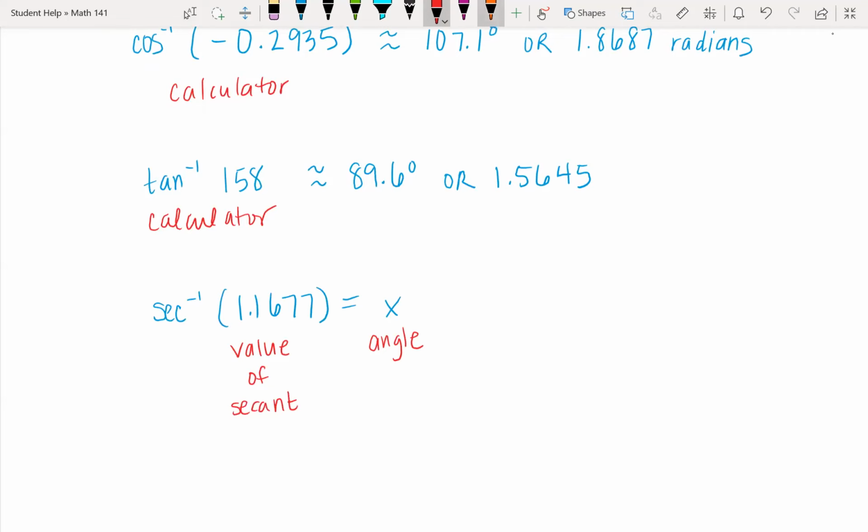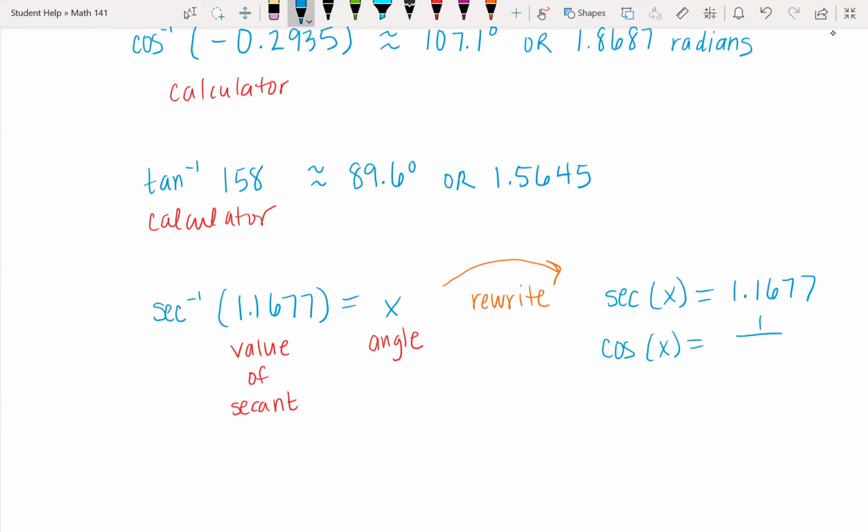Rewriting this, it's saying the secant of some angle x is equal to 1.1677. That means that the cosine of the same angle is 1 over that value.